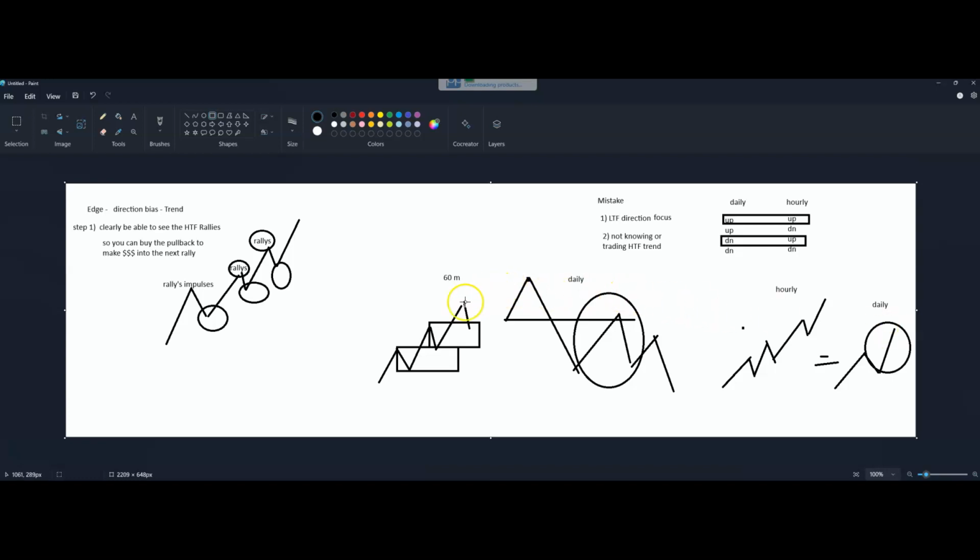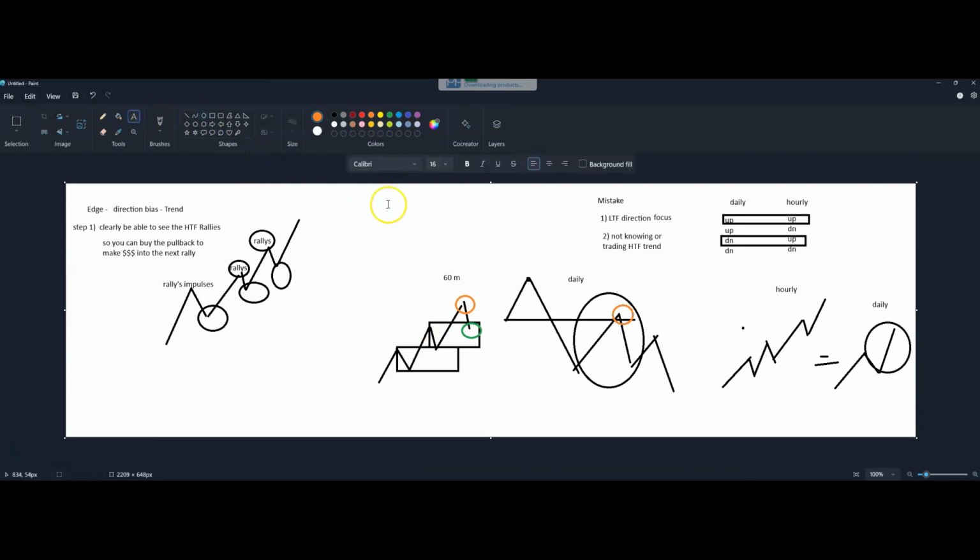The other one is that, yeah, this is uptrending, the hourly is uptrending, but it's just a pullback in a downtrend daily. So you need to know this. Why? Because when you're ready to buy the pullback, let's say I want to buy it. I was looking to buy it here, but you realize that this situation here is this. That's a problem. Back off. Why?